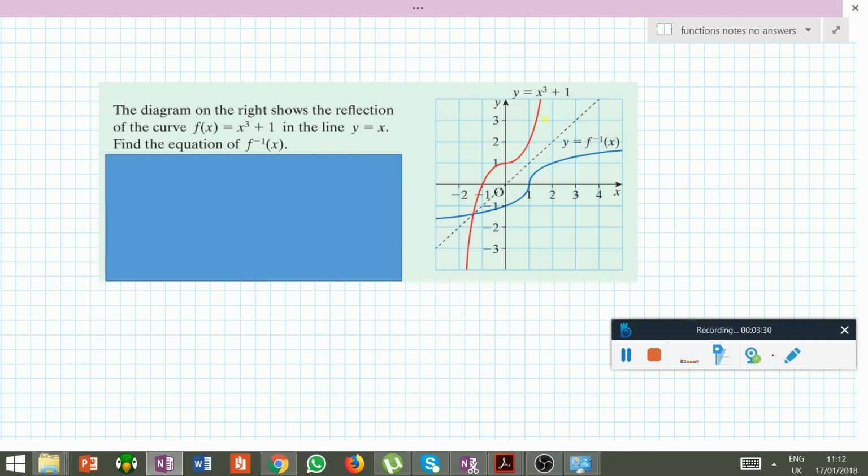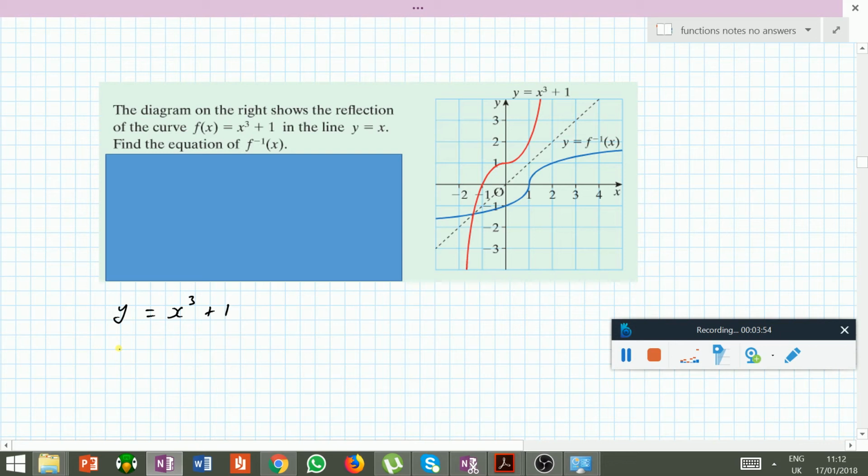Okay, the diagram on the right shows a reflection of this curve, a cubic, in the line y equals x, which will give you, as we mentioned earlier, the inverse function. Find the equation of the inverse function. So again, we say y is equal to x cubed plus 1, and we swap it around.